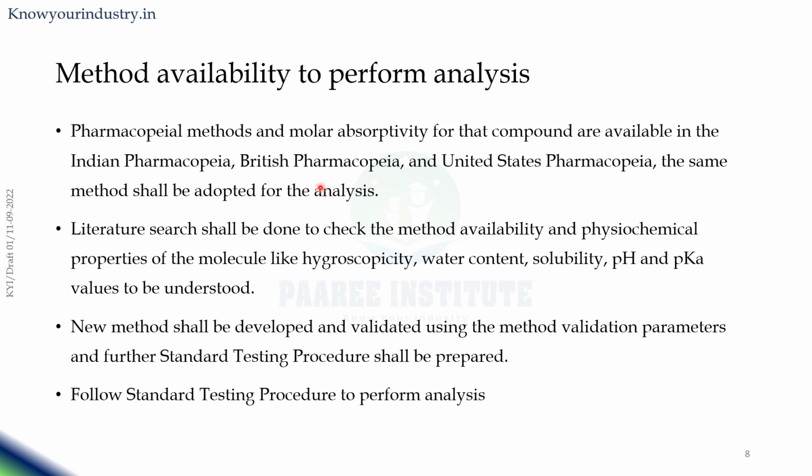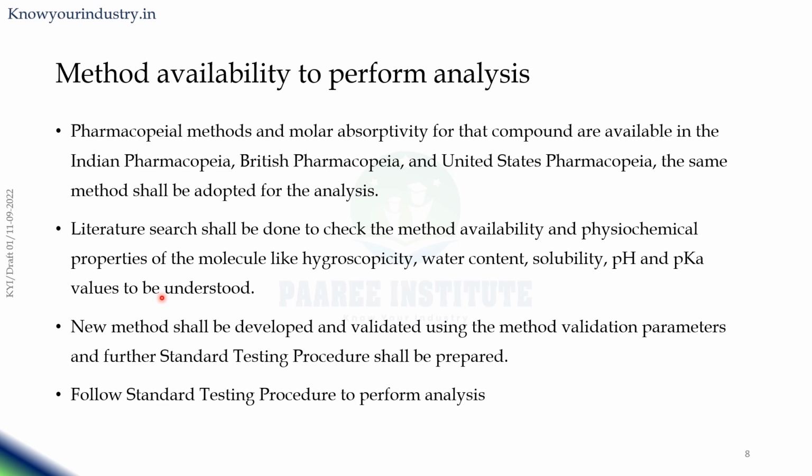If there is no method available in the pharmacopoeia, you can do a literature search for the method availability. Also, through the literature we can understand the physiochemical properties of the molecule, like hygroscopicity, water content, solubility, pH and pK values, so that the choice of diluent and other parameters can be decided for the method.